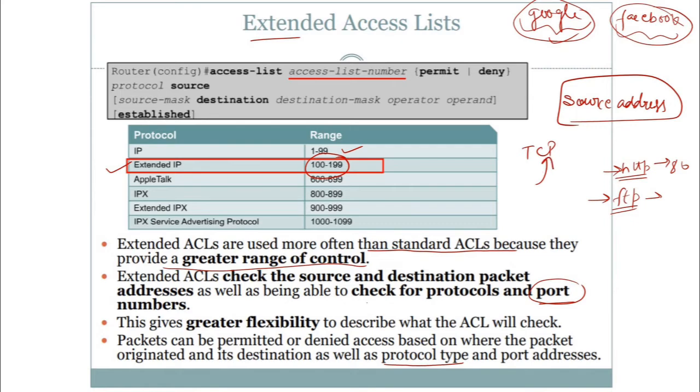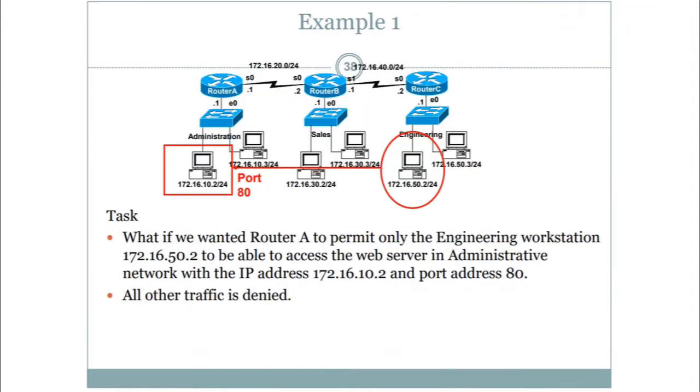Let me not go into it right now, I will show you later on. So this gives greater flexibility to describe what the ACL will check. So that's it. There's not much difference between the standard and extended access list, just this one difference.